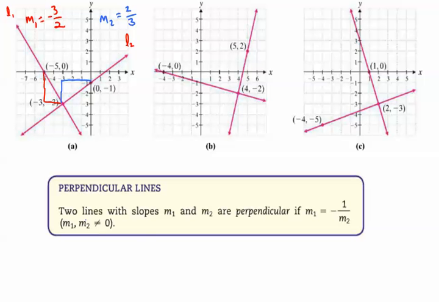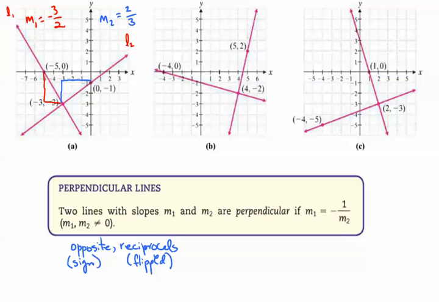So we say that perpendicular lines have slopes that are opposite reciprocals. Opposite has to do with their sign, and reciprocal means flipped. So the sign has to be different, and they will also be flips of one another.